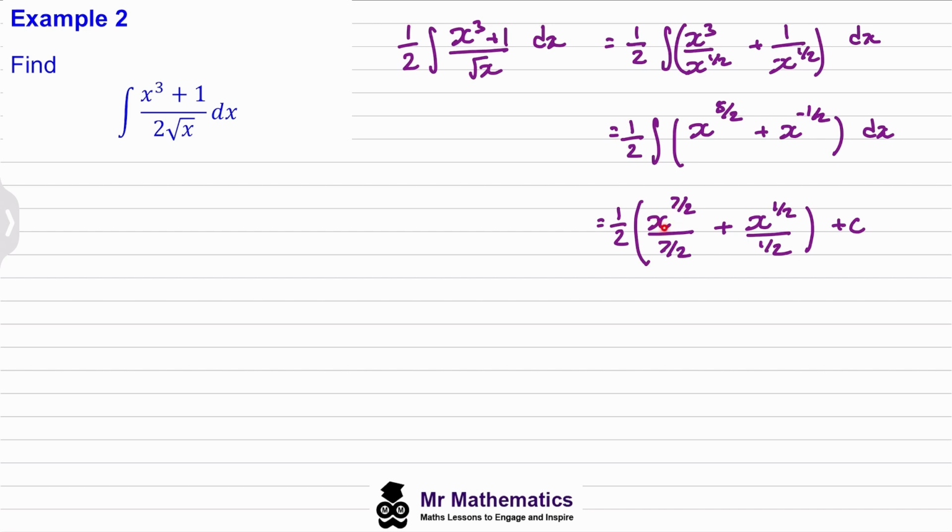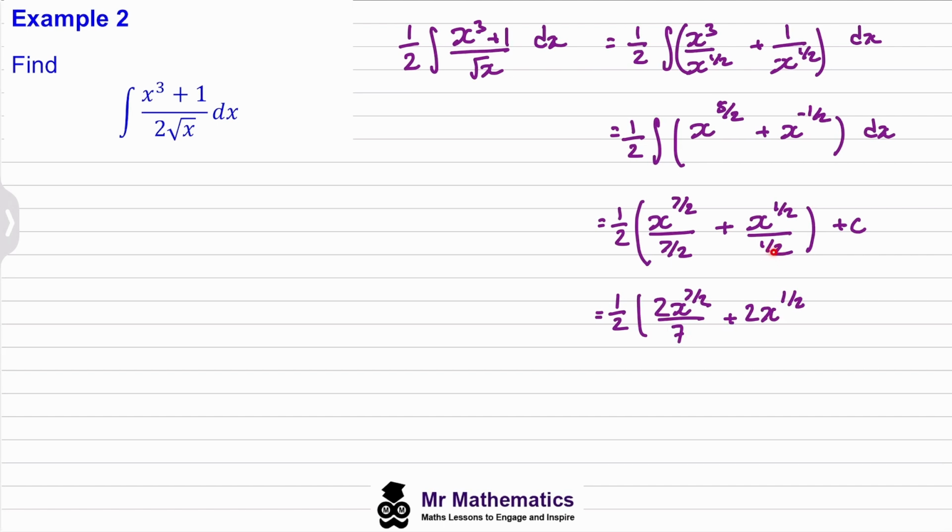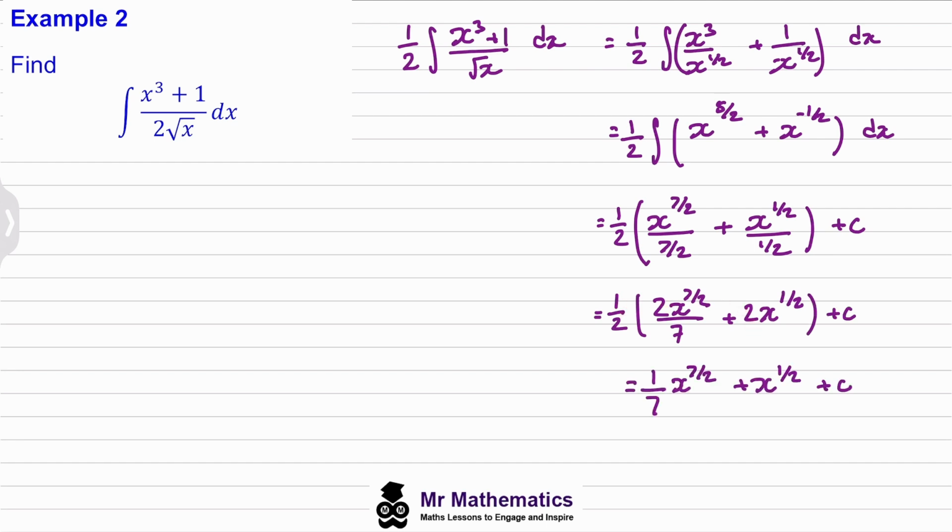And when you divide all of this by 7 over 2, this is the same as multiplying it by 2/7. And dividing by a half is the same as multiplying by 2. So then we can expand out this bracket, and we get 1/7 of x to the 7 over 2 plus x to the half plus that c. Okay, let's try one more question.